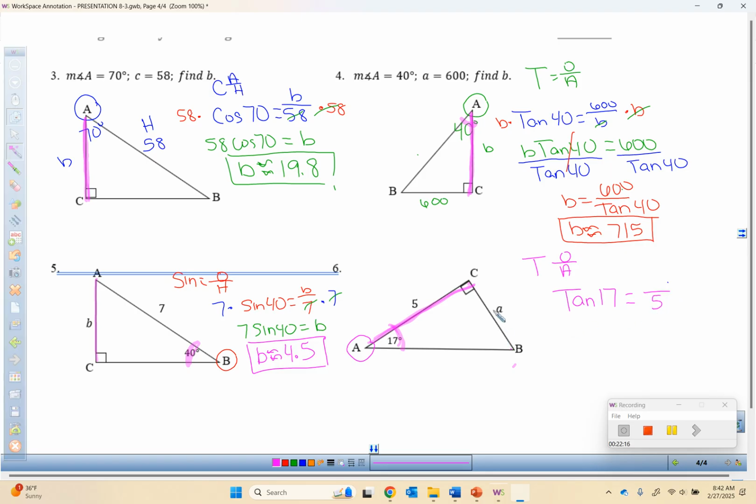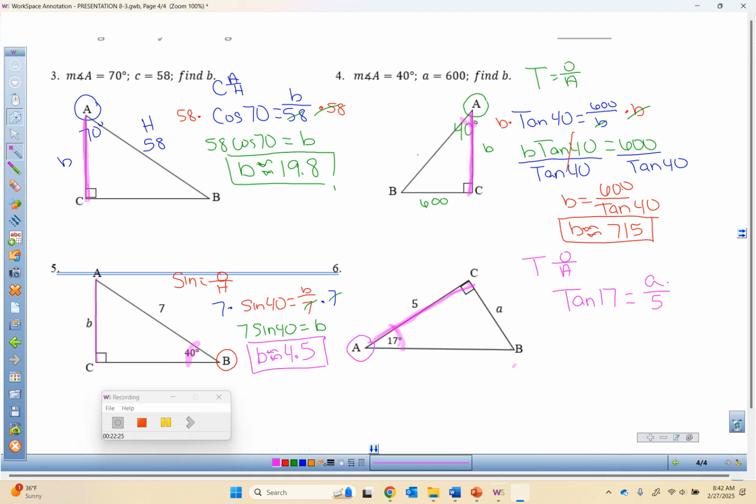And my opposite is over here, so my A is on the top. To solve for A, we take both sides times 5. I'll let you guys do the rest, and we'll come back and see what we got.